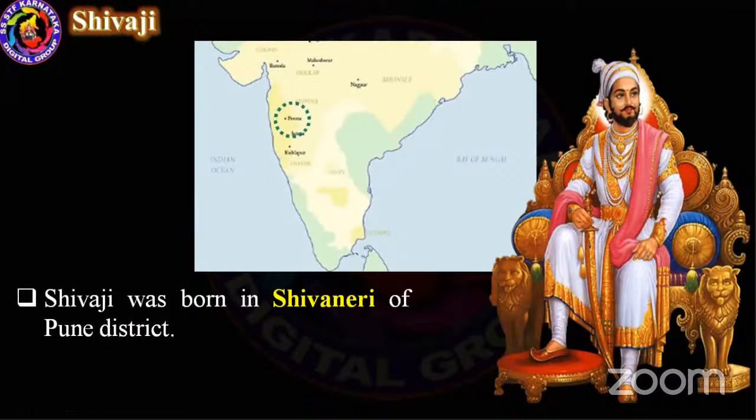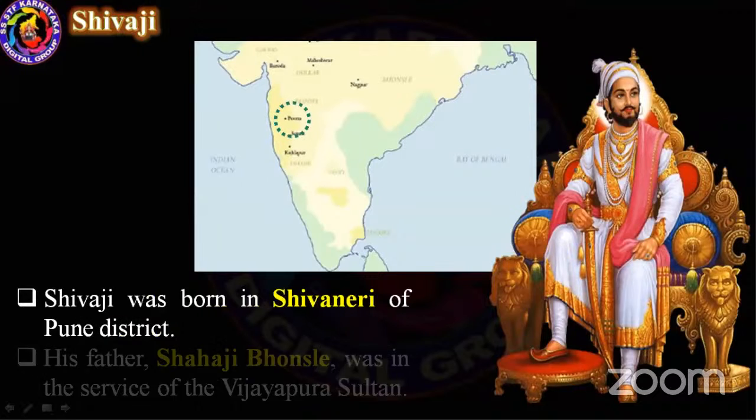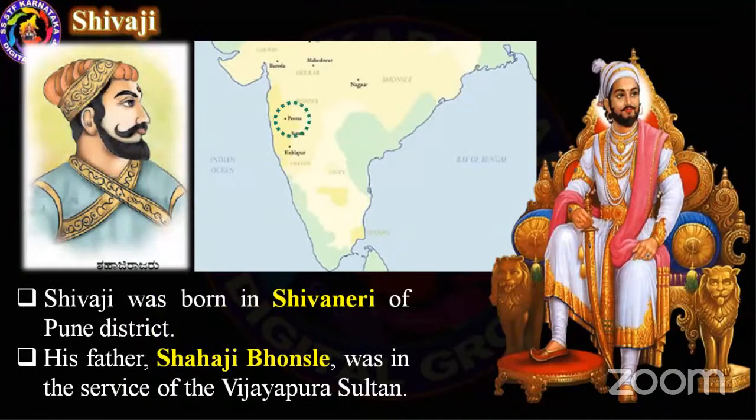Shivaji was born in Shivaneri of Pune district. You can see that it is rotating in that map. In that place, he took birth as the son of Jijabai and Shahaji Bhonsle. His father, Shahaji Bhonsle, was in the service of the Vijaypura Sultan.